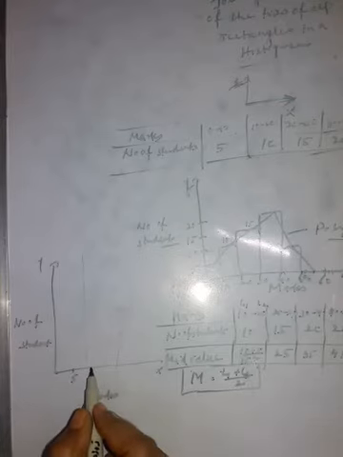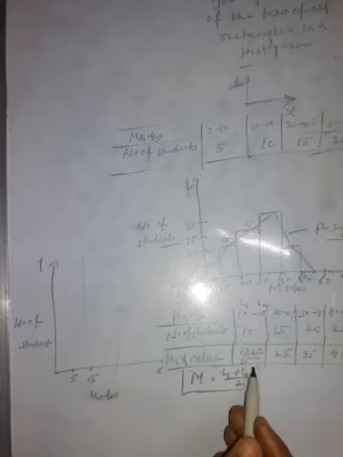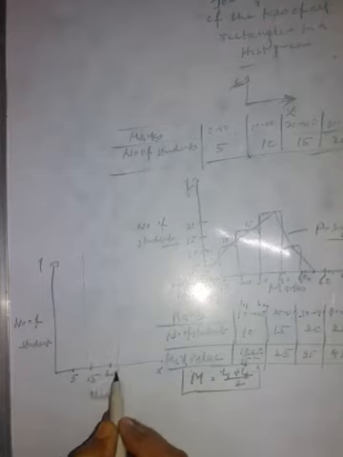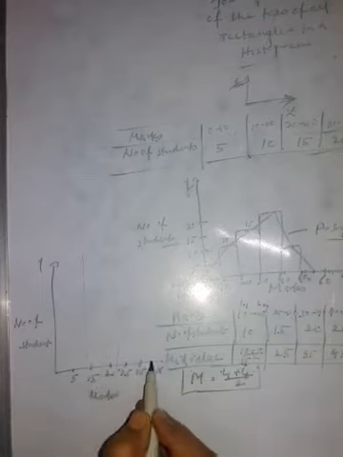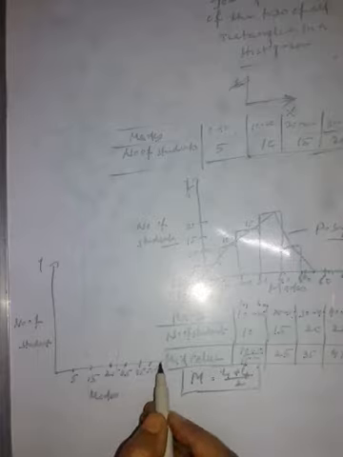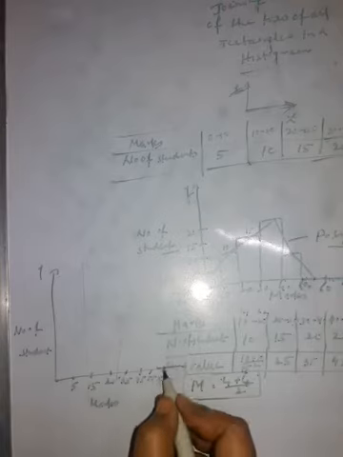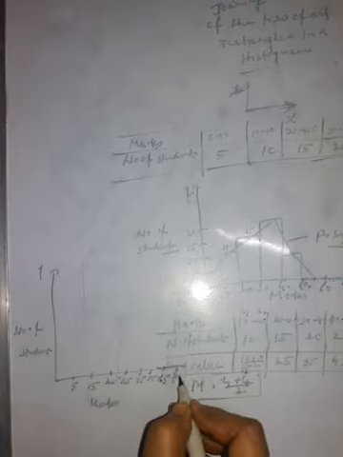First is 5, then 15, 25, 35, 45, 55, 65. We have lack of space. 55, 65, then 75.